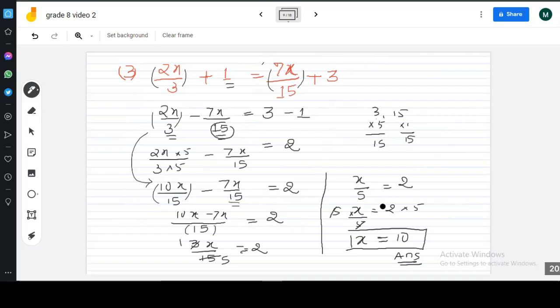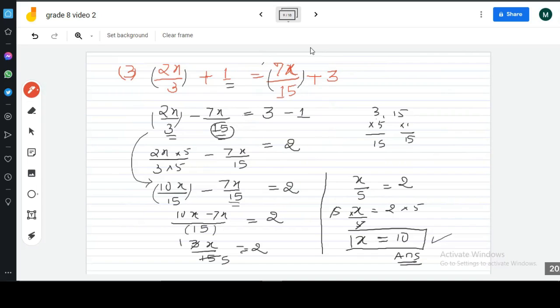So here we have x, and on the right side it will become 2 into 5 equal to 10. So we can say that x equal to 10 is the required solution for the given linear equation in one variable having the variable on both sides. Hope everyone understood this. Clear?